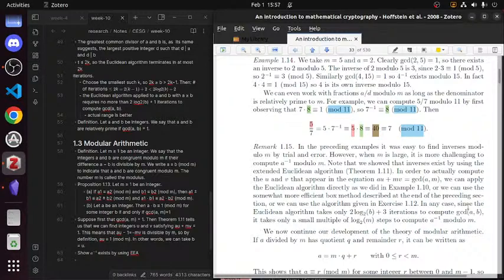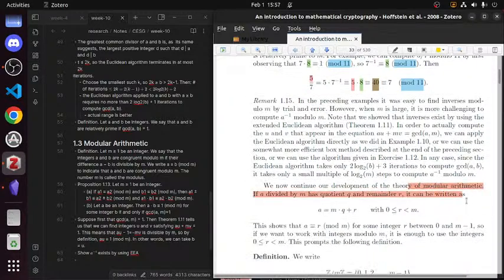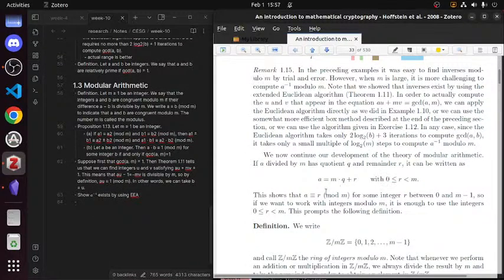We now continue our development of the theory of modular arithmetic. If A divided by m has the quotient q and remainder r, it can be written as, so we're here and we're saying that if A can be divided by m and has a quotient of q, so basically A equals m multiplied by q plus r.